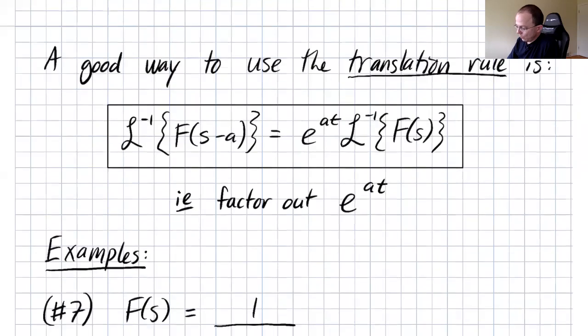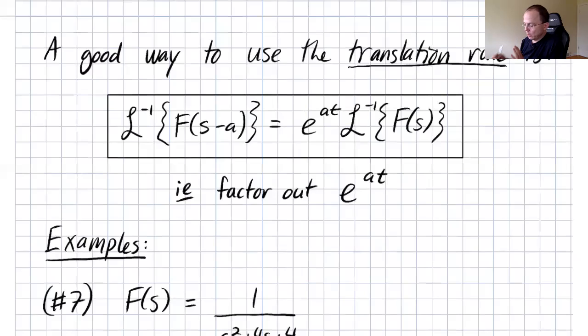Now, when going the other way, when you're thinking about getting the inverse Laplace transform, a good way to think of this translation rule is that you have some Laplace transform where you have this s minus a in all places. And you can then factor out an e to the at from this Laplace transform.